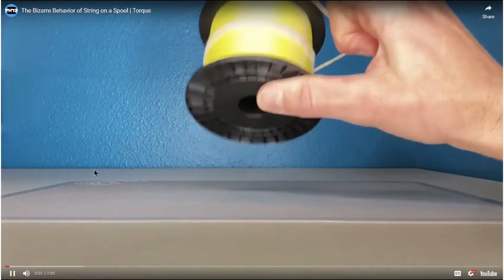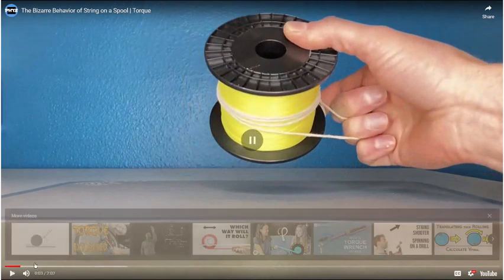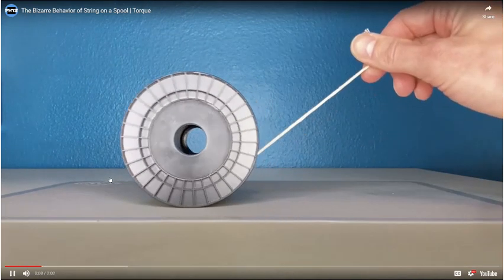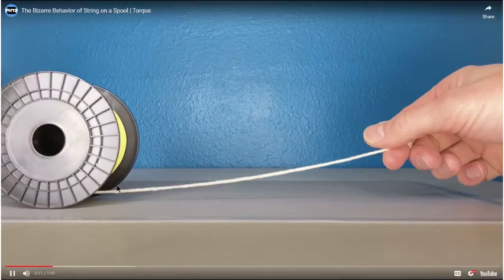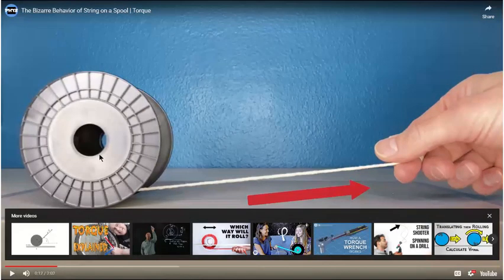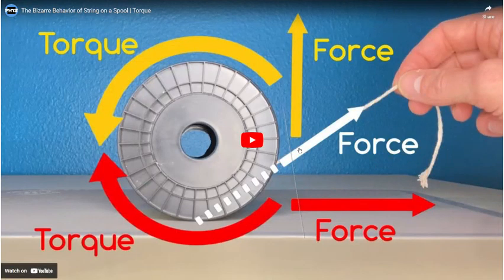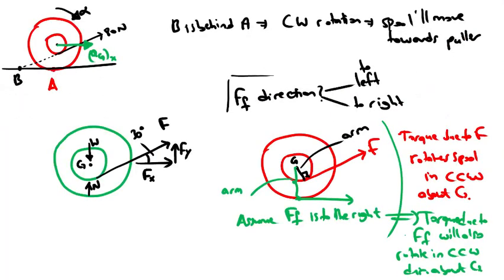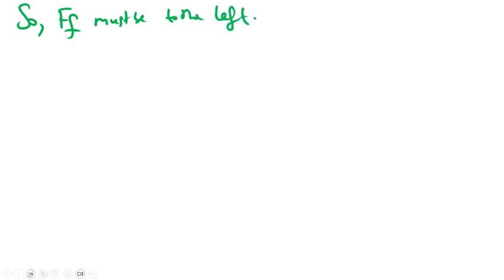It says that it moves this way, the clockwise direction. So it means that this is not possible, because in both of these cases we have a counterclockwise rotation. So Ff must be to the left, this way.